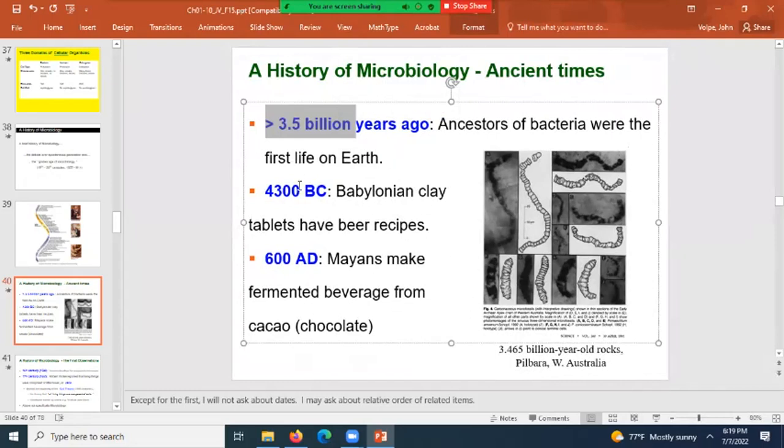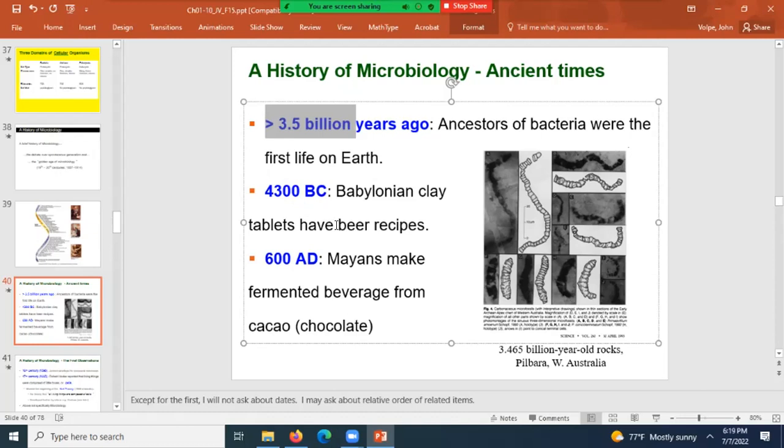You don't need to know any other dates after that point in time, but the next record is that we have records of the Babylonians recording recipes for making beer. And the beer was made by microbes. So we have records of microbes being used in the year 4300 BC in Babylon to make beer.